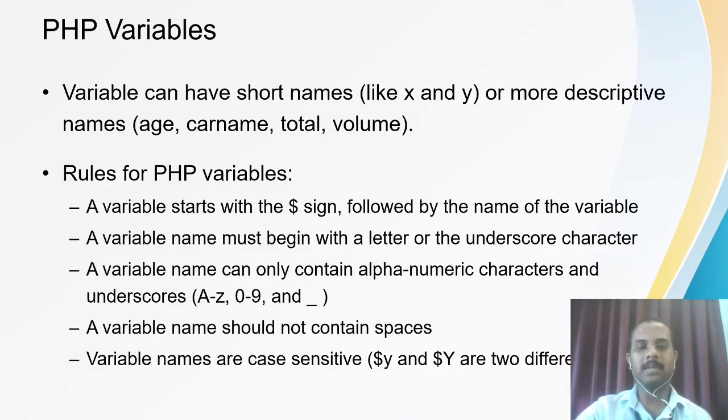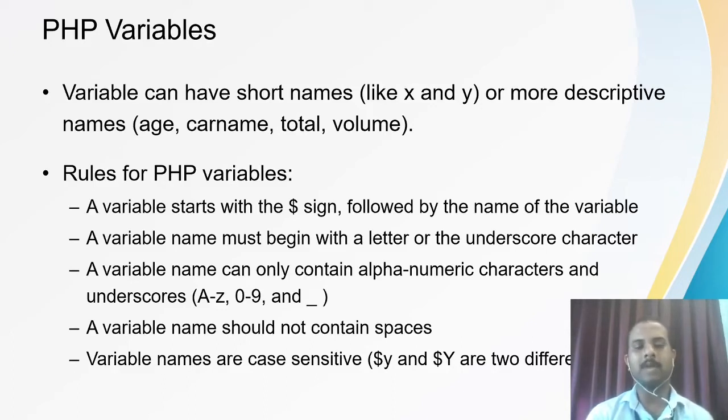PHP variables. Variables can have short names or any descriptive names. For example, a short name means you are just writing A, B, X, Y like that. When I say descriptive, that means you are exactly describing what the variable is used for. For example, age, that means you are going to store the age there.